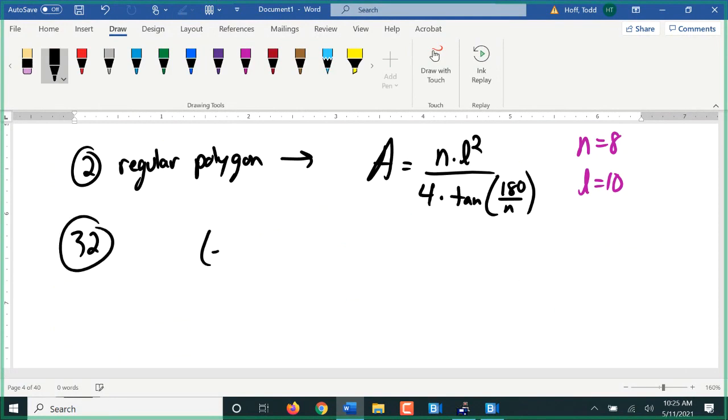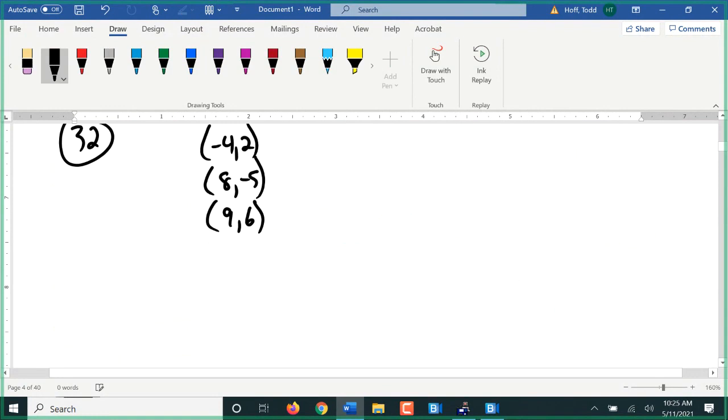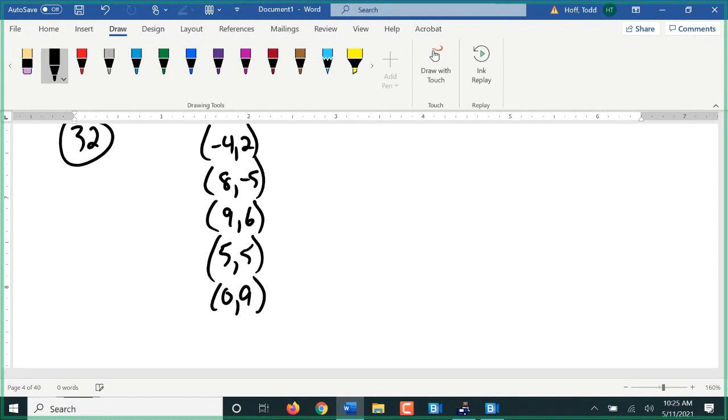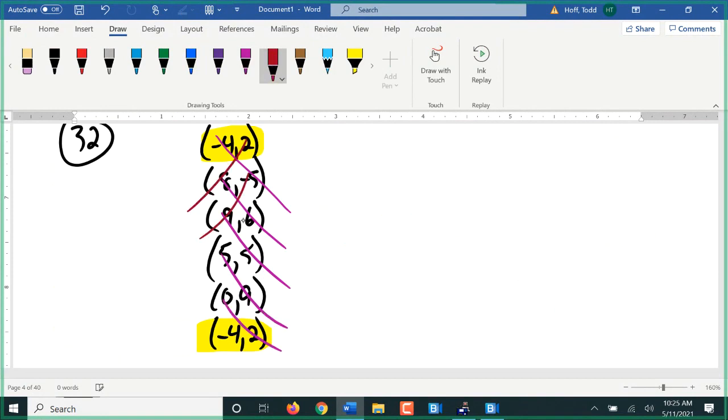Remember, this is where you take those coordinates, -4, 2, and you put them down in order: 8, -5, 9, 6, 5, 5, 0, 9. And you've got to make sure you repeat the first point at the bottom. This is where you do those diagonal products that we looked at a couple weeks ago. You subtract them and divide by 2.